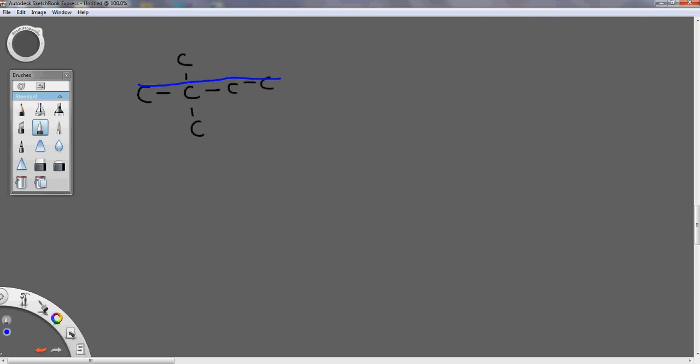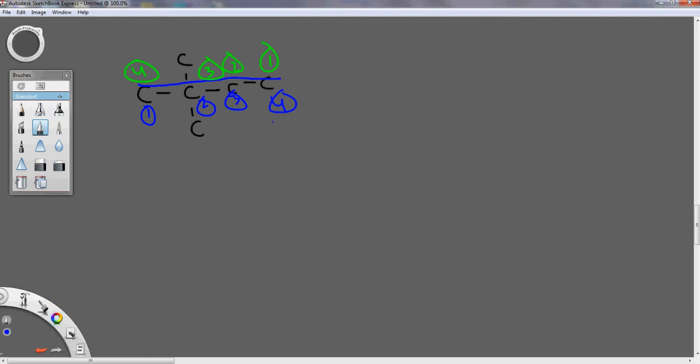So, alright, let's count them. 1, 2, 3, 4. Would it have been okay if I just counted them from right to left? Hopefully you said nope, because that would give our branches a larger number if we had instead counted them from left to right.